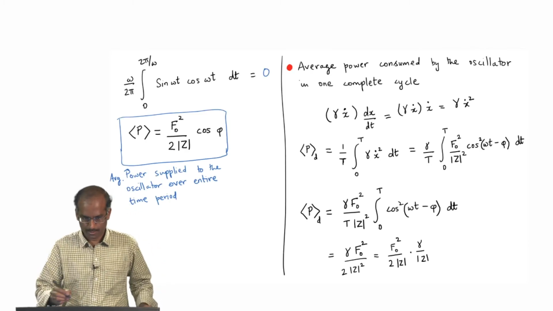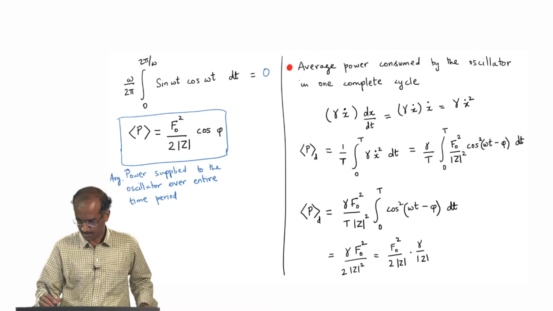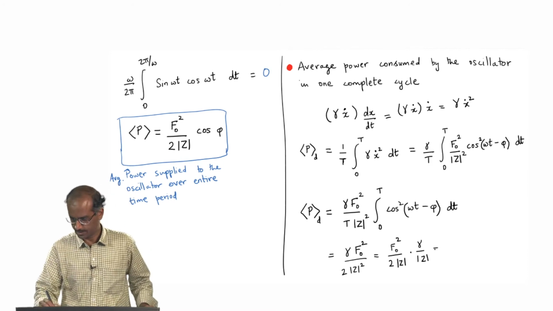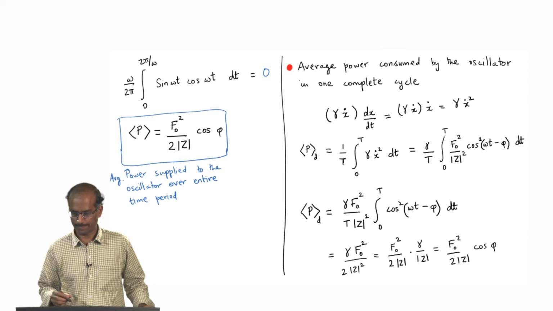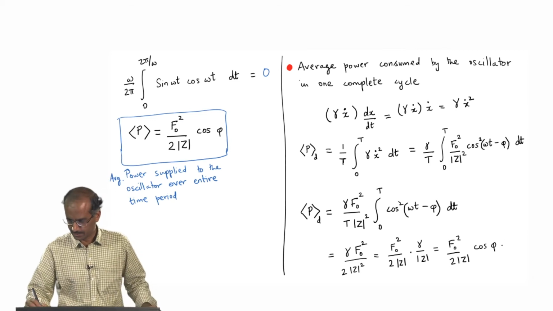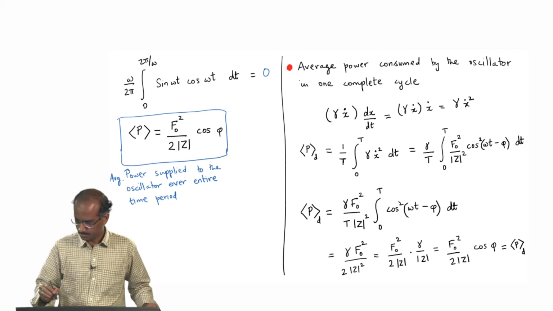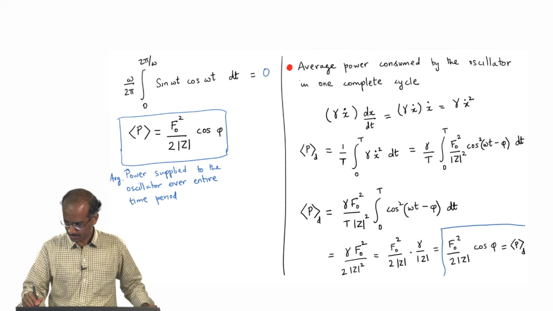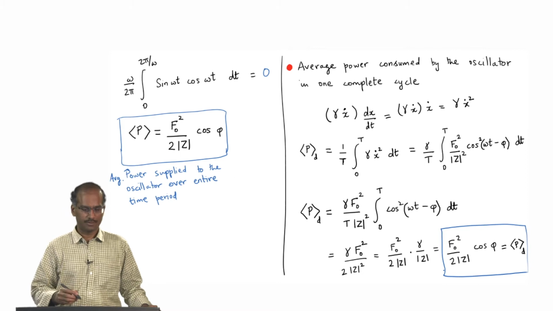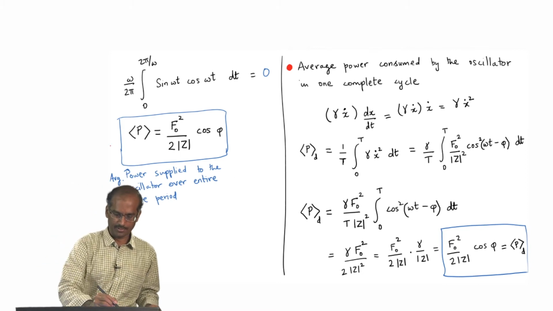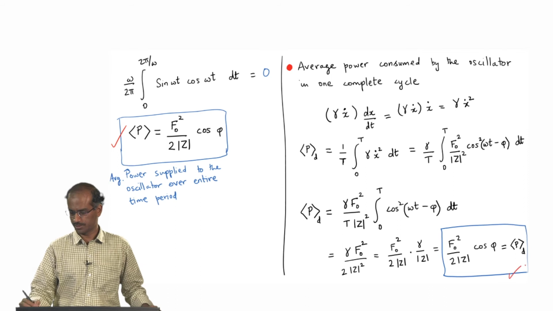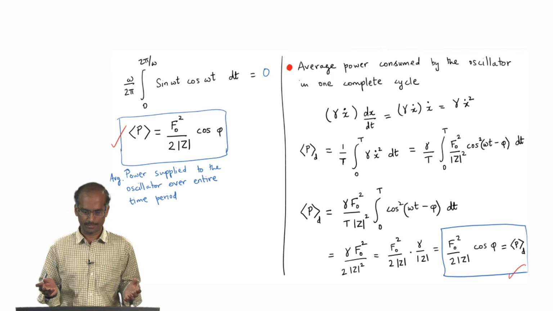So, I can go back and write this quantity as f 0 square by twice mod z multiplied by cos phi, okay, and that is simply our average power dissipated. Now, this is remarkable because if you compare this result with what we have here, these two results, you will see that they are exactly identical.